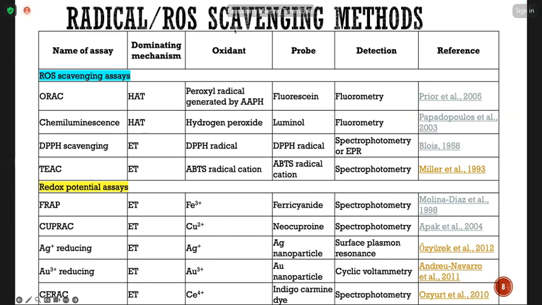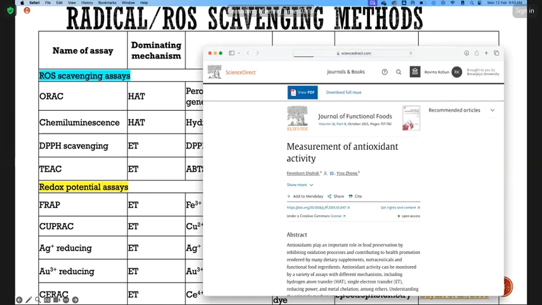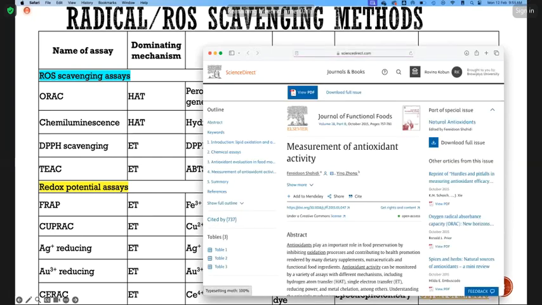This is the ROS scavenging method. The first one, oxidant accumulations. We have two. The blue one is the ROS. The second one is the redox potentials assay. So if you click here, you will go directly to the link of the method. Okay, you can follow. You press this link, for example here. Does it come out? Mine doesn't show, only the slide.